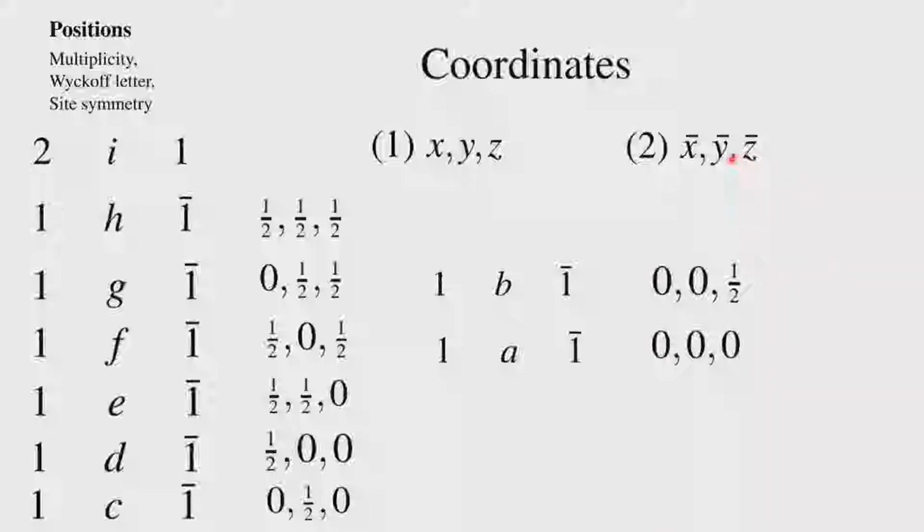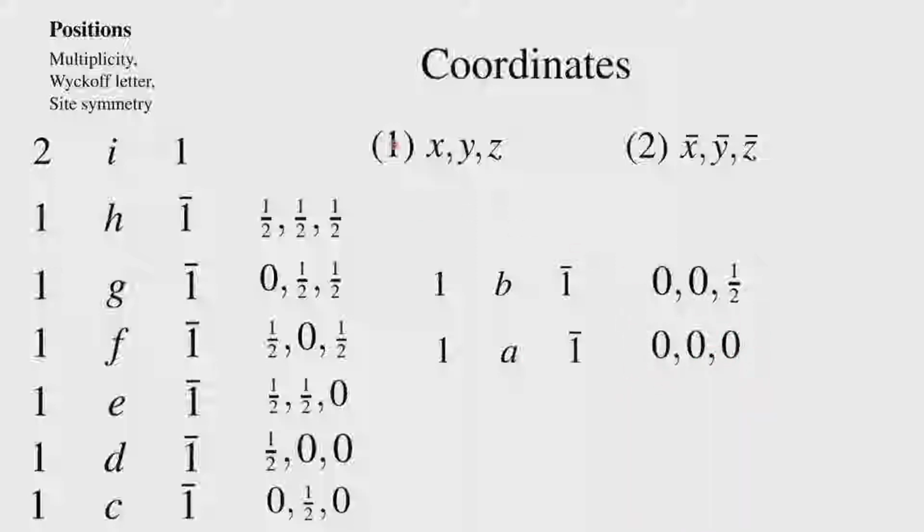In the case of P1 bar, the way in which we arrange the Wyckoff letter is to look at the most symmetric possible position in the unit cell. The most symmetric possible position in this unit cell of P1 bar is at 0, 0, 0, where there is a center of symmetry located.